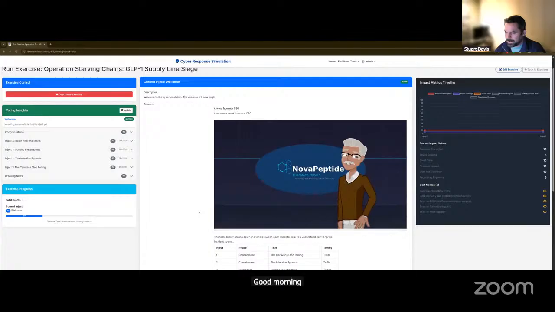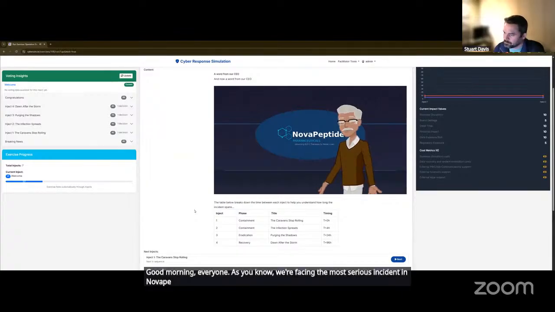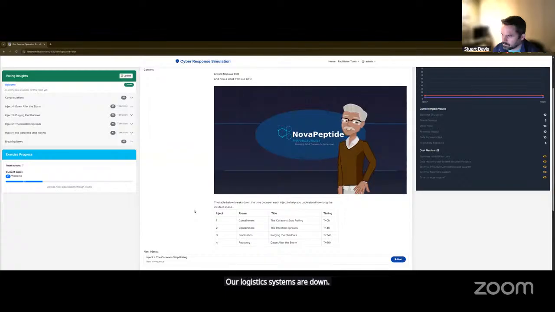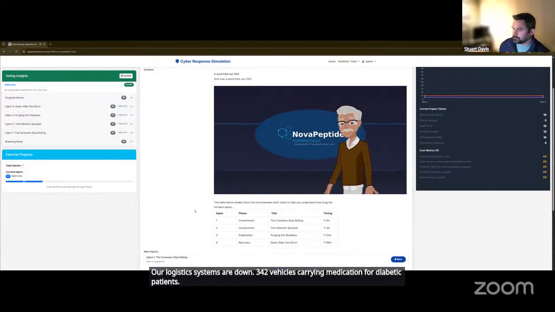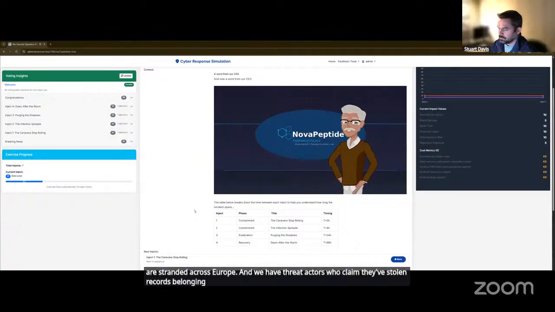Good morning, everyone. As you know, we're facing the most serious incident in Novapeptide's history. Our logistics systems are down. 342 vehicles carrying medication for diabetic patients are stranded across Europe, and we have threat actors who claim they've stolen records belonging to 340,000 of our patients.